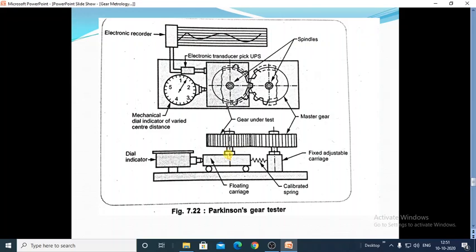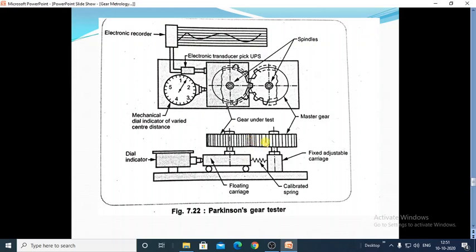The gears are mounted on two spindles so that they are free to rotate without measurable clearance. These gears are maintained in mesh by using spring pressure.